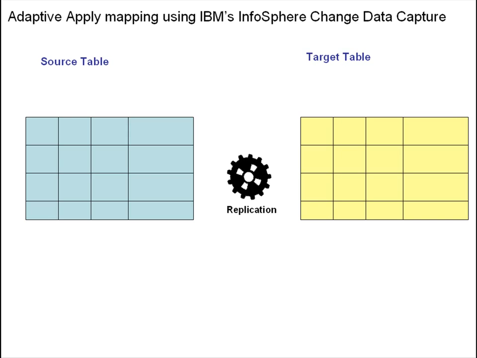Then adaptive apply plays a vital role in achieving synchronization between your source and the target replication data. Or if you are replaying your existing log entries by setting the bookmark to a specific point in the log, then adaptive apply really helps you to achieve a synchronization between the source and target tables.